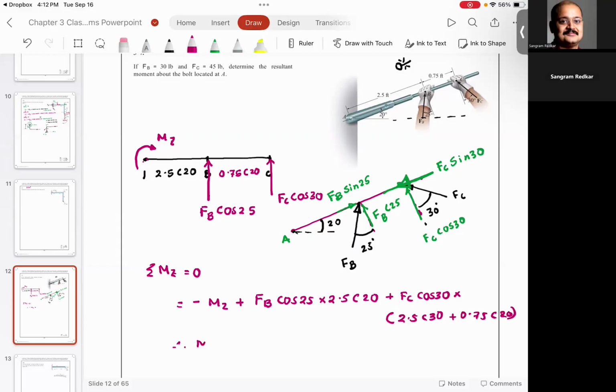Solve this and get the value of Mz. You agree with me? Any questions?